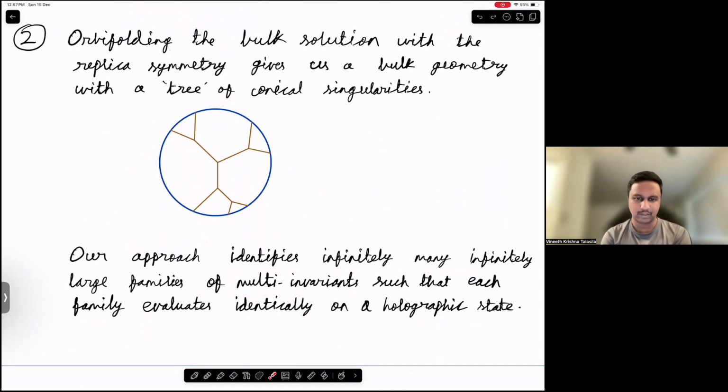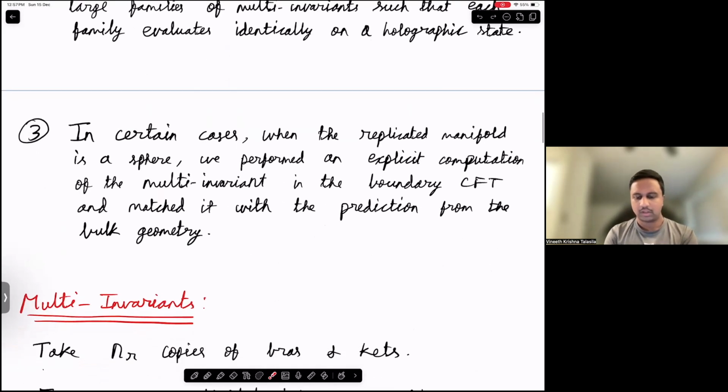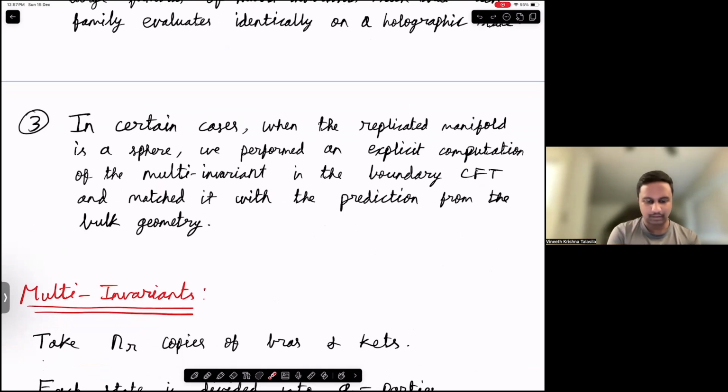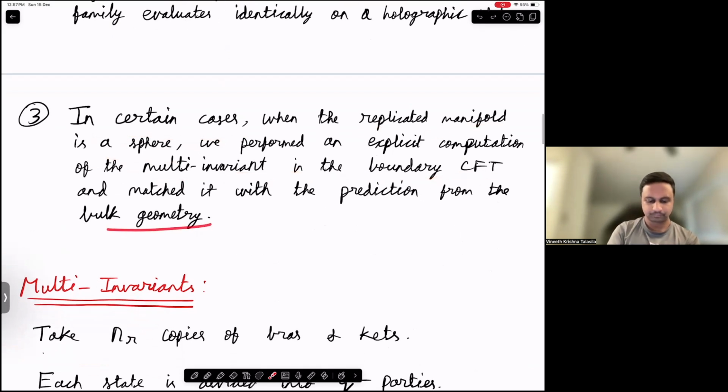So these quantities can in general be used to diagnose if there is a holographic nature of entanglement in a given quantum state. And finally, in certain cases, particularly when the replicated manifold is a sphere, we performed an explicit computation of the multi-invariant in the boundary CFT and matched it with the prediction from the bulk geometry.